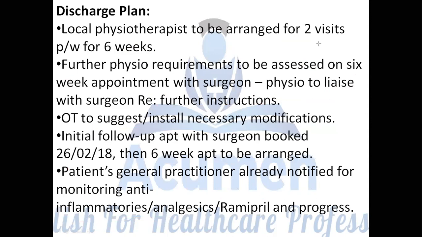One thing the physio has to do is 2 visits for 6 weeks. Second thing they have to do is they have to liaise with surgeon for further instruction. So for 6 weeks they have to provide, and after 6 weeks they have to liaise with the surgeon for whether the further requirement is there or not. So these are the 2 things the physio has to do.